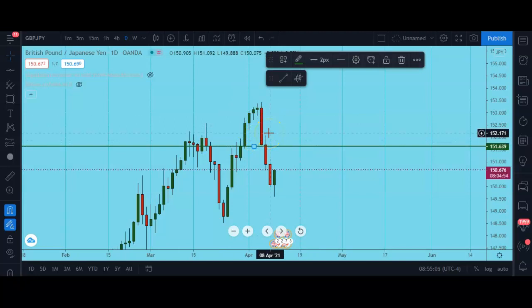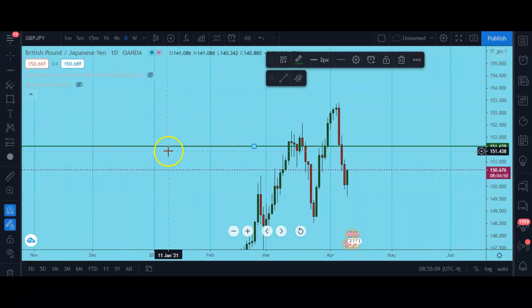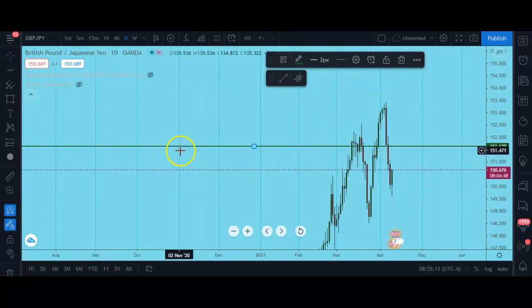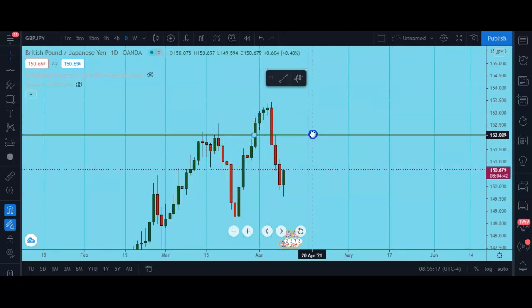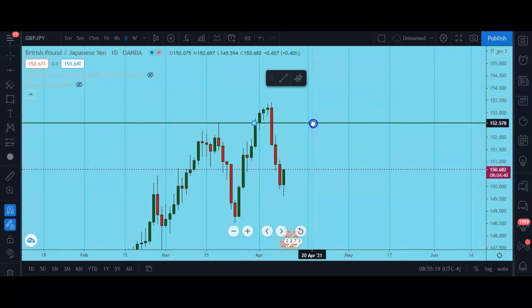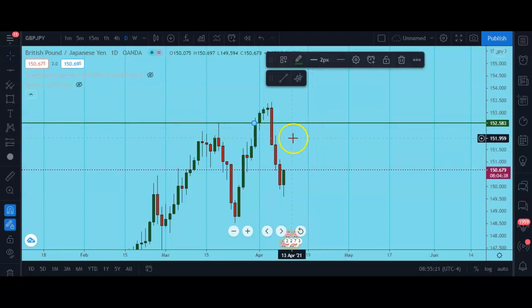So I would have, see, I don't like going all the way back like that, stated that price would have remained below here. And really scale it down to another time chart.